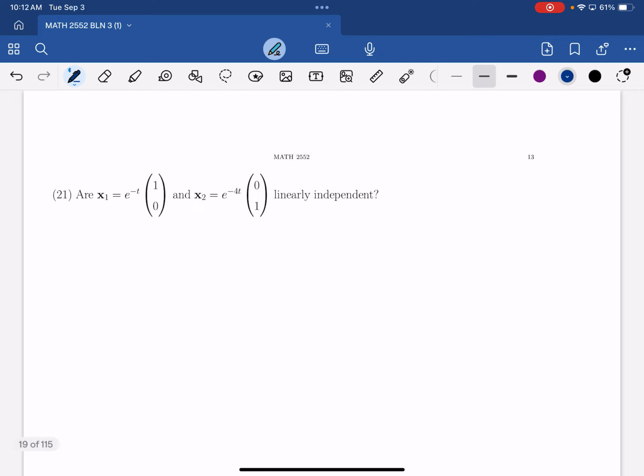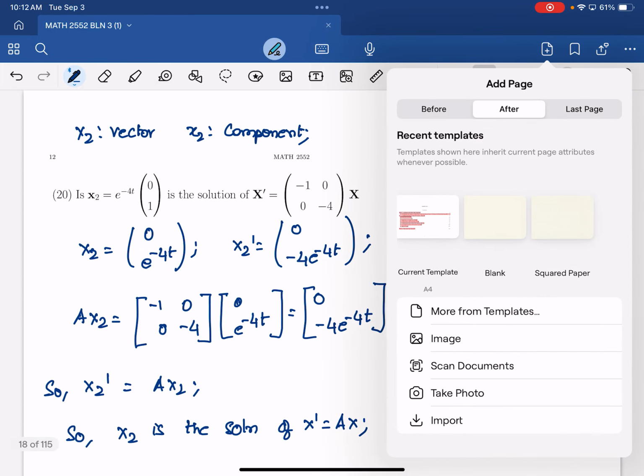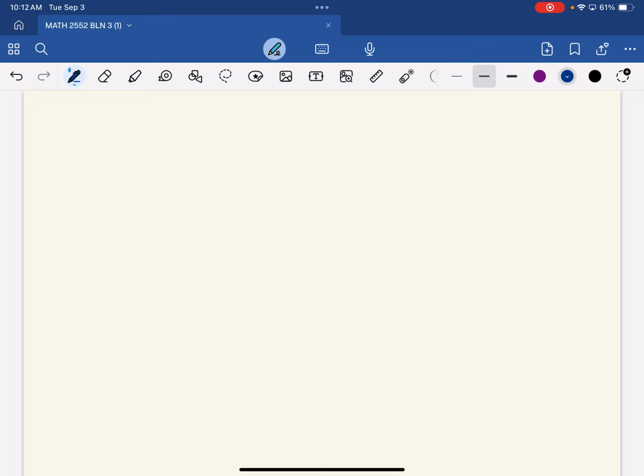So now, if they are solutions, the next thing I'm going to leave as an exercise for you. C1 e to the negative t times the vector 1, 0, plus C2 e to the negative 4t times the vector 0, 1, is a solution of x prime equals Ax.